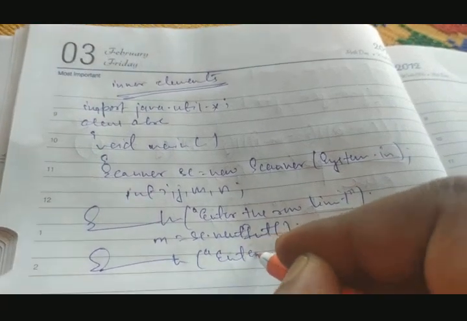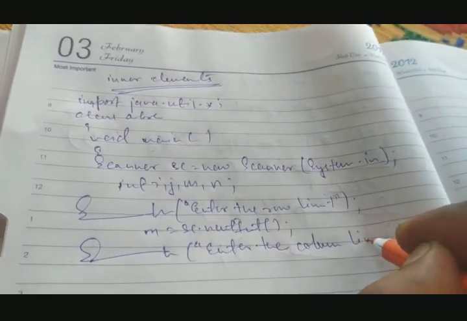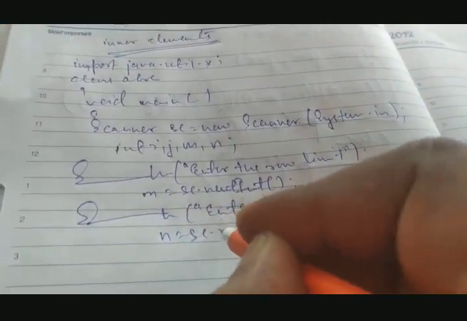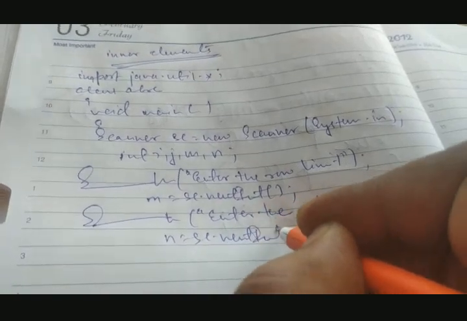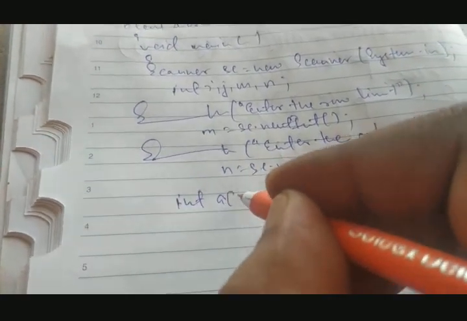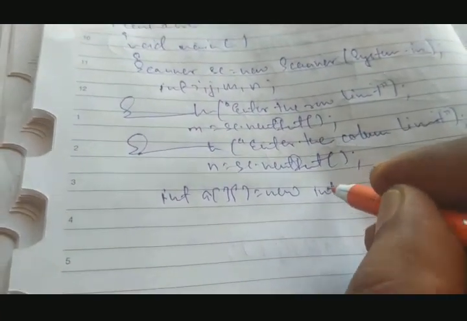Enter the column limit. int array equals new int[m][n].